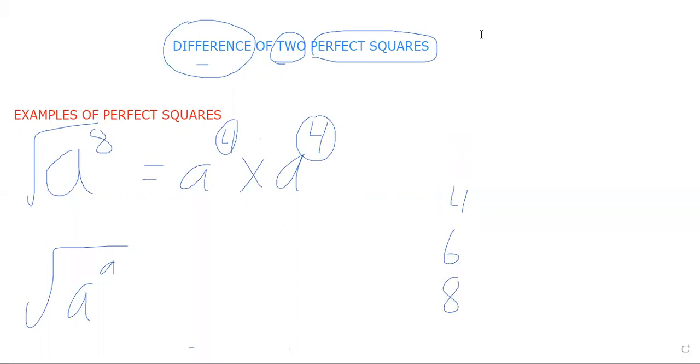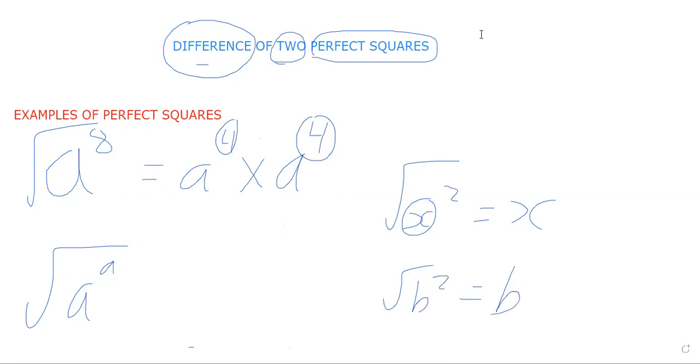But the most popular ones, remember this one: the square root of x squared is x. This letter here could be any letter. It could be z, y, or the square root of b squared, which is just b.